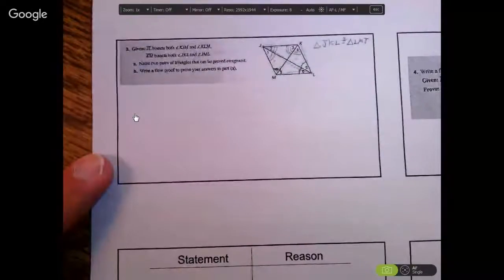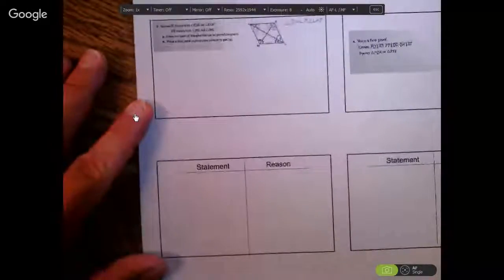If you wanted to, we could put the very last thing is that triangle JKL is congruent to triangle LMN. And if we feel like we've done everything we need to prove that, then we could be done.